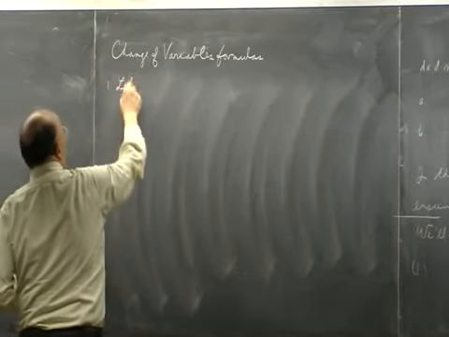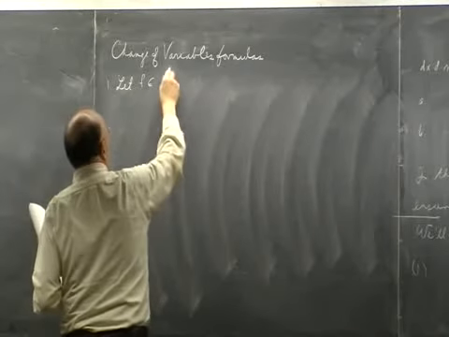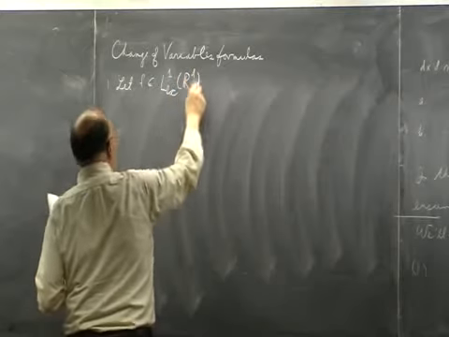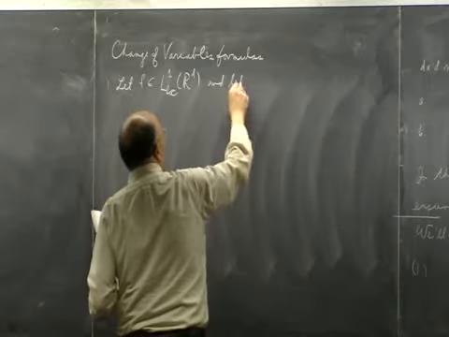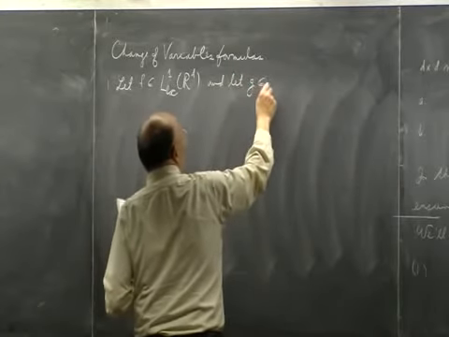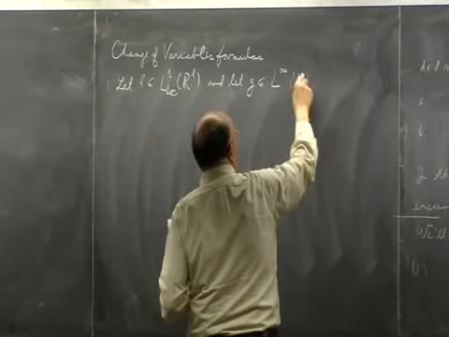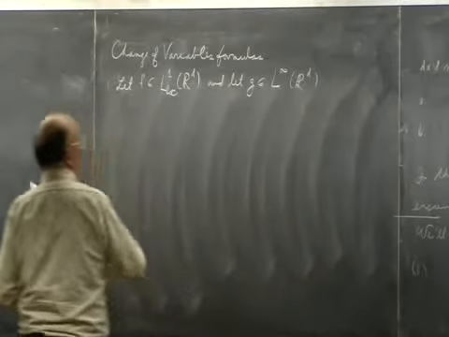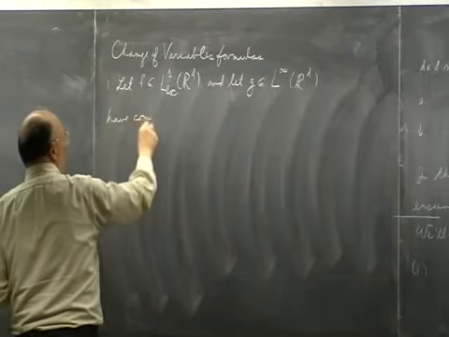One, let F be in L1 loc of R^D, and let G be in L infinity of R^D. Assume that G has compact support.